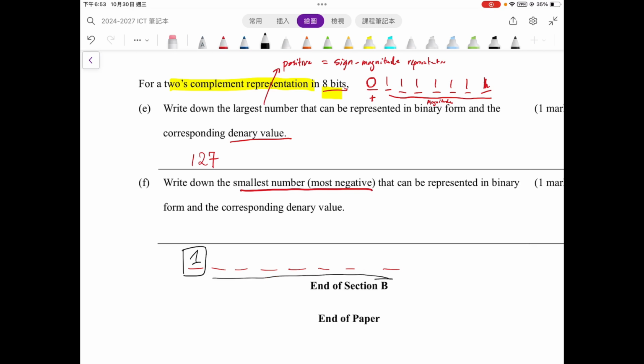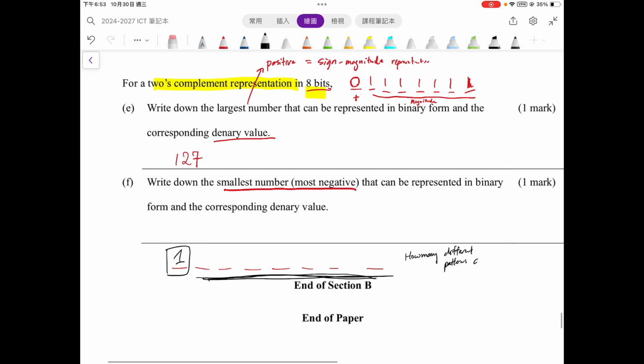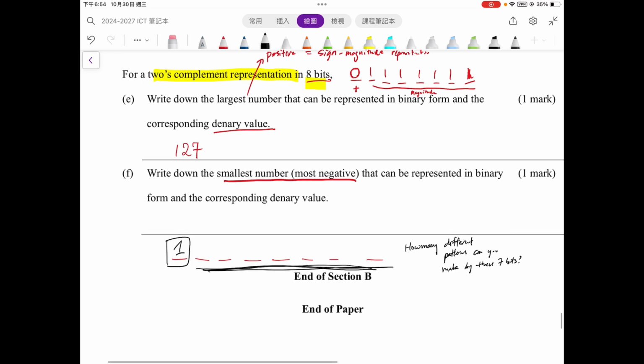So the question is about the remaining 7 bits. You have to consider the number of patterns first: how many different patterns can you make by these 7 bits? If you can answer this question, you should know what kind of number you should have for your answer.